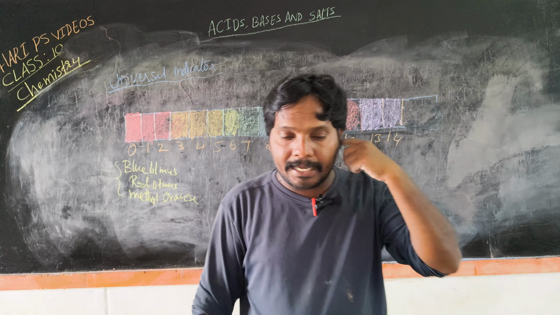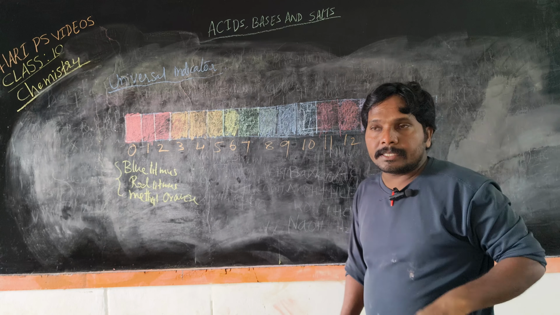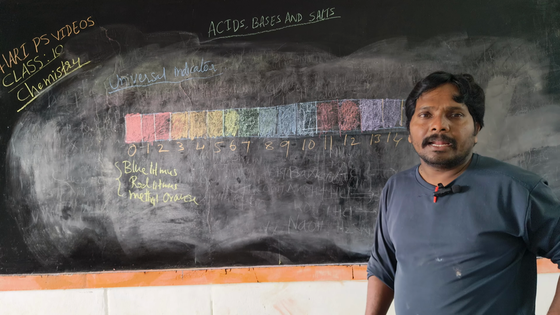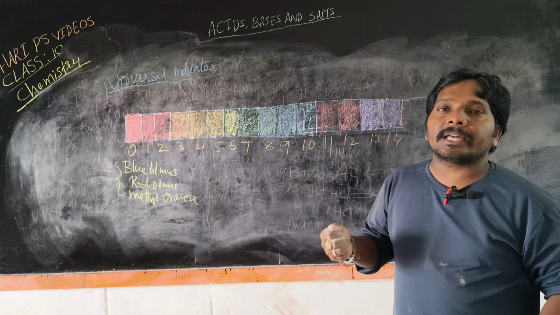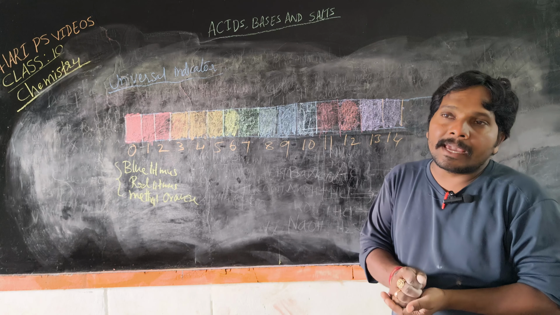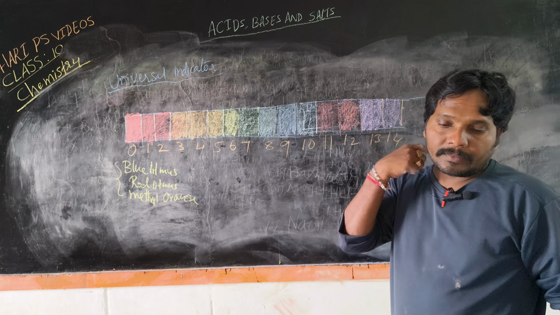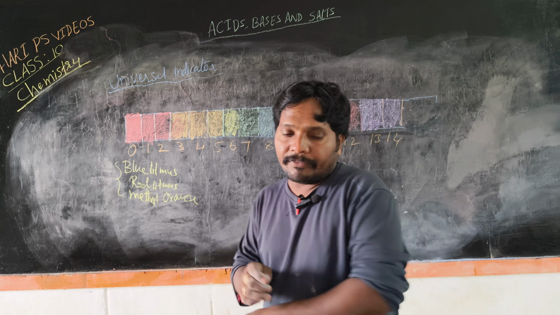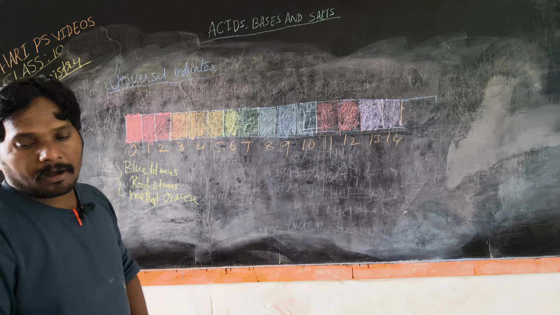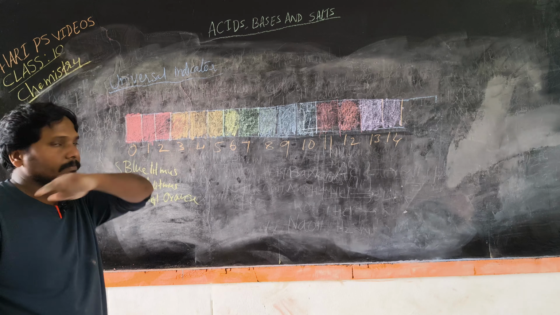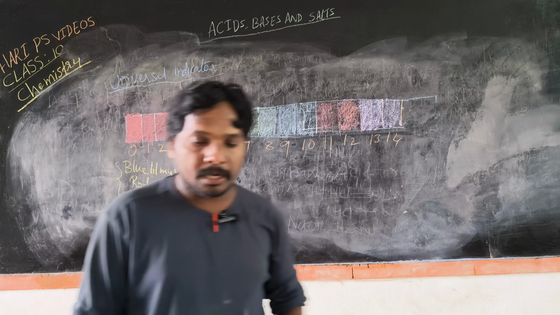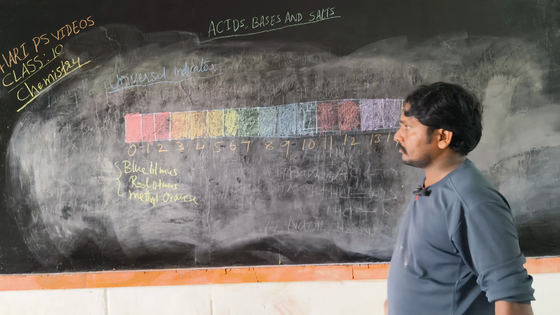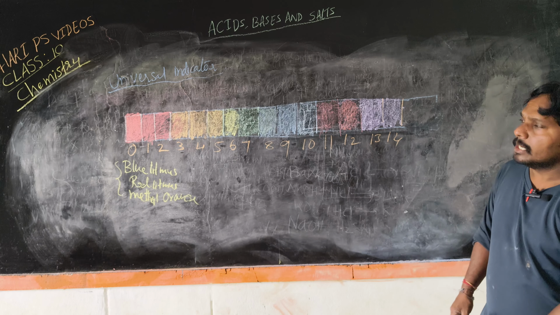This universal indicator is a mixture of many colors. The universal indicator is a mixture of many dyes or many colors, which gives different colors at different pH values of the entire pH scale.